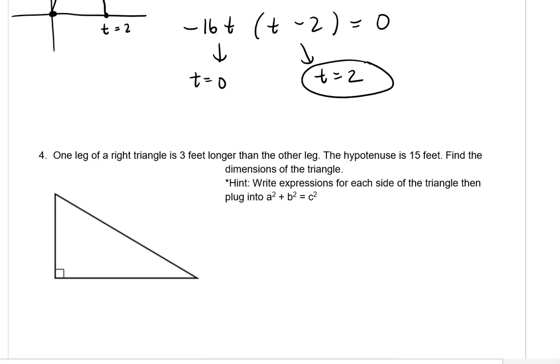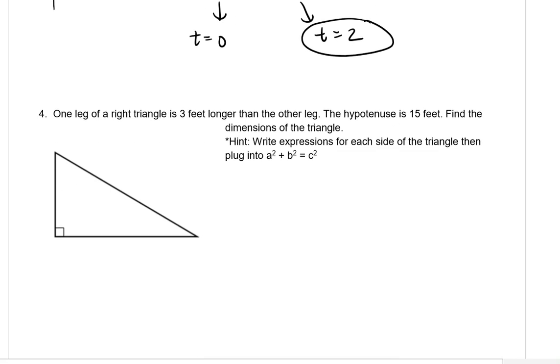Okay. One more. One leg of a right triangle is 3 feet longer than the other leg. We'll call this one x, and we'll call this one x plus 3. The hypotenuse is 15 feet. Find the dimensions of the triangle. Write expressions for each side, and then plug into the Pythagorean theorem.